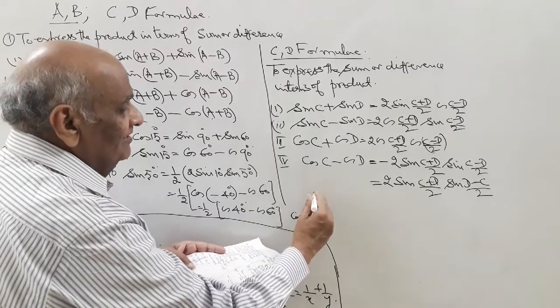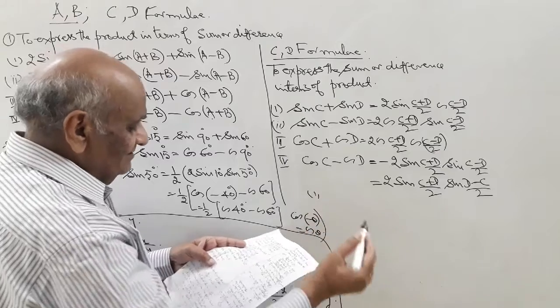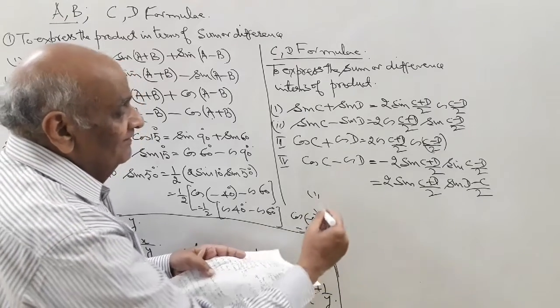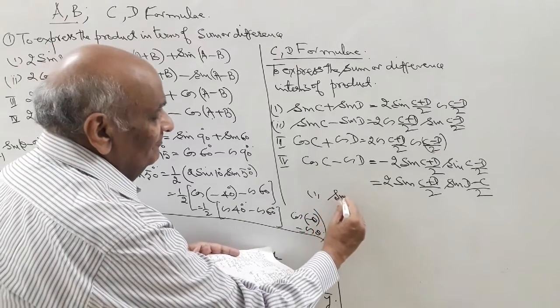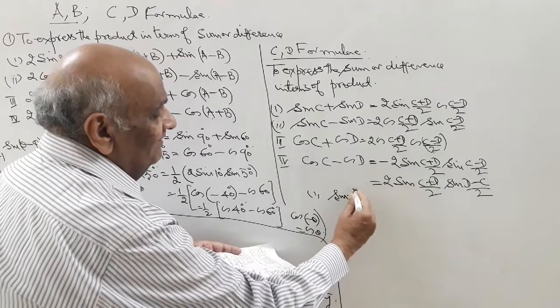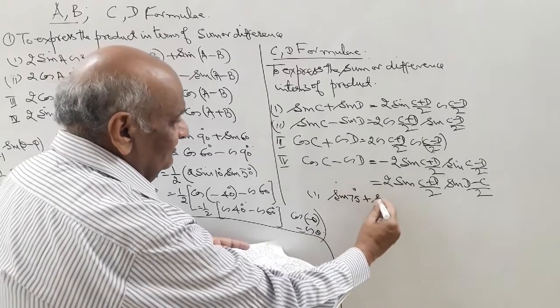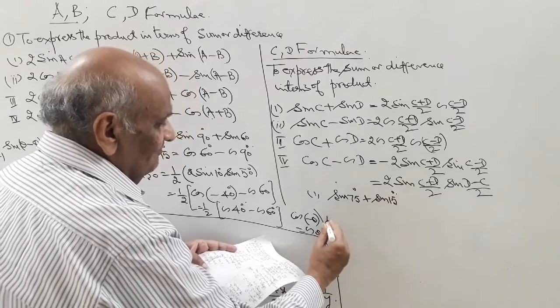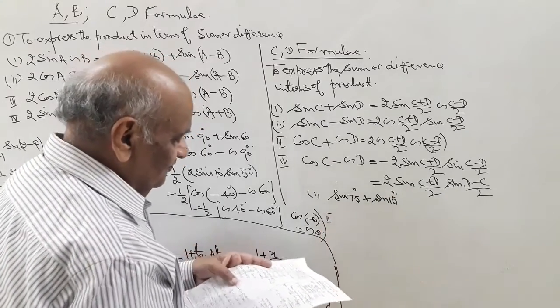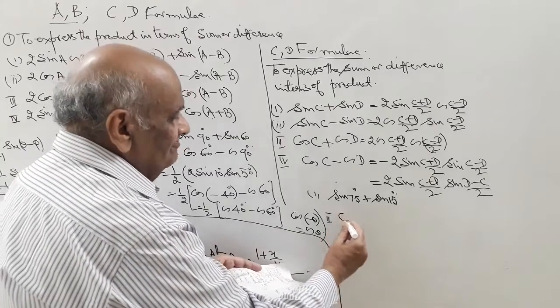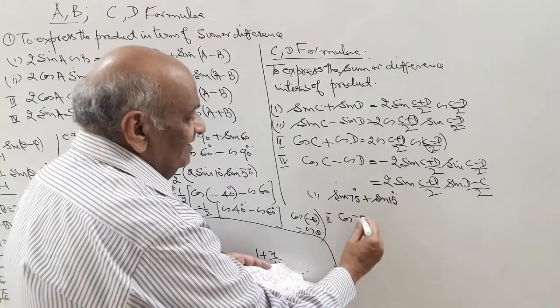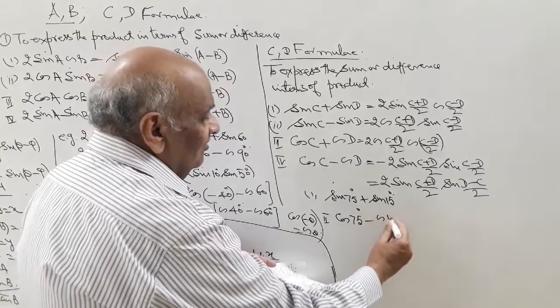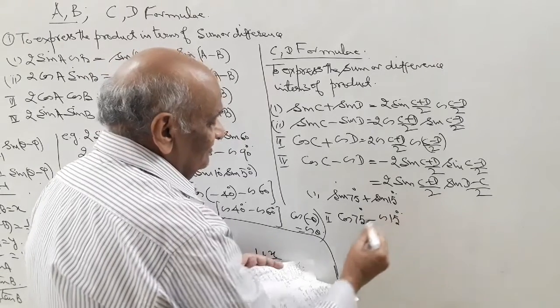The first one is to express the sum or the difference. Number 1, sine 75 degrees plus sine of 15 degrees. Number 2, it is cos 75 degrees minus cos 15 degrees.